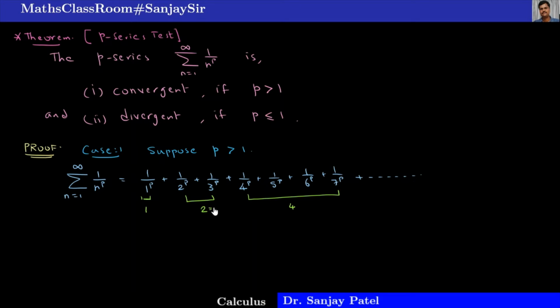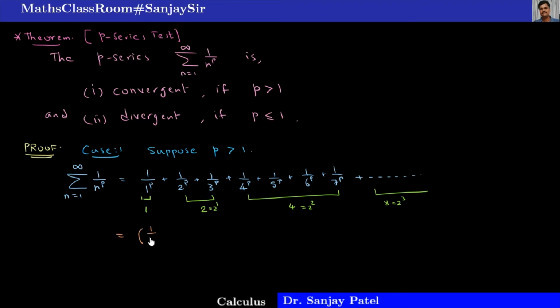So this is 2 raised to 1 terms, then I will take 2 raised to 2 terms, and then next we'll take 2 raised to 3, that is 8 terms, and then 2 raised to 4, 16 terms. Likewise, we continue this. Then we can write this series in this way.